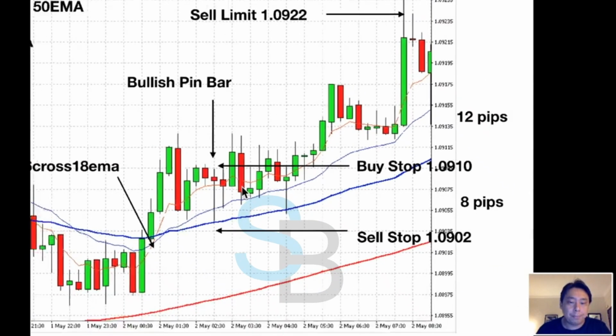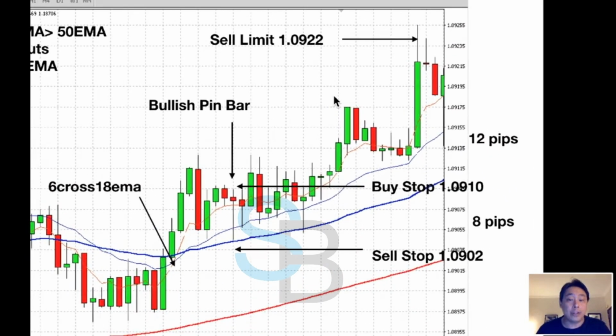Is that possible? Yes, of course. It happens once in a while where you say, I missed it, it's above where I want to get in. So in that case, no worries. What you can do is this. If it has not moved too far, like it's moved maybe 4 to 5 pips away, what I then do is I will then place a buy limit order.